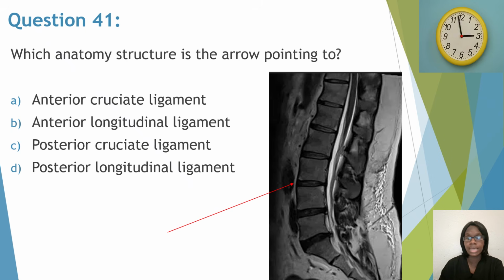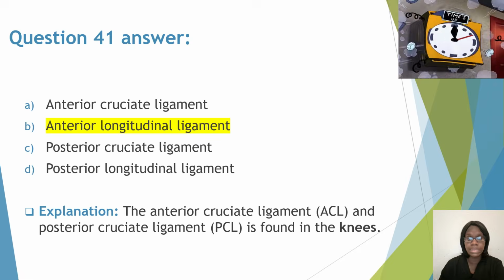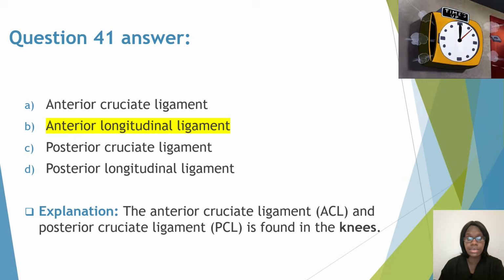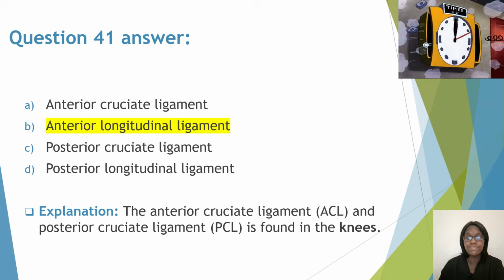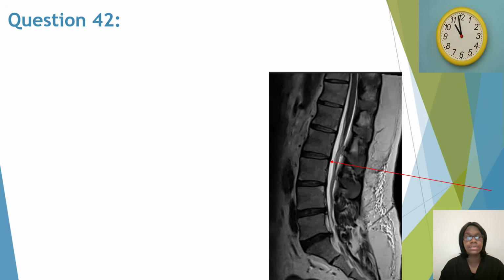All right, the correct answer is B, anterior longitudinal ligament. The anterior cruciate ligament, also known as the ACL, and the posterior cruciate ligament, PCL, are found in the knees. So just keep that in mind.